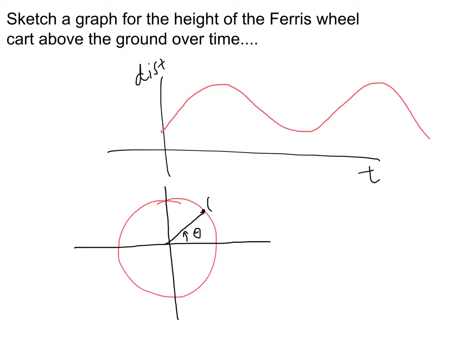We said, okay, the x value is the cosine of theta, and the y value is the sine of theta. And these are the points that are going to repeat, right? As I move around the circle, eventually the x value is going to be the same again, and the y value likewise. And so now we can actually think about graphing each of these functions.